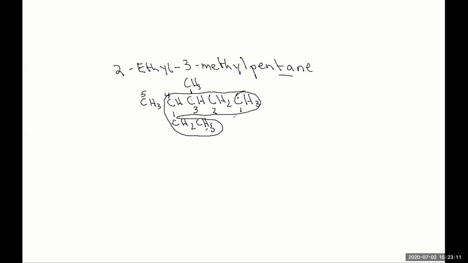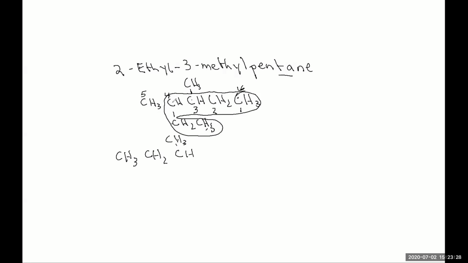So if we redraw the structure with this as the number 1 carbon from left to right, we would get CH3, CH2, CH, CH3, this carbon.